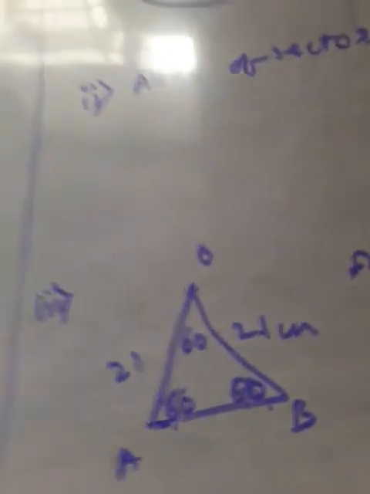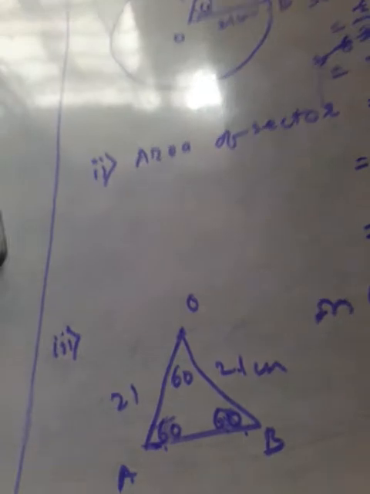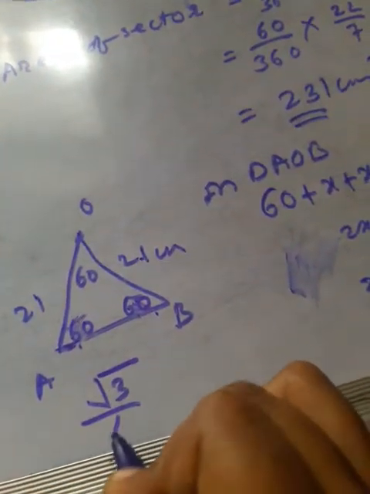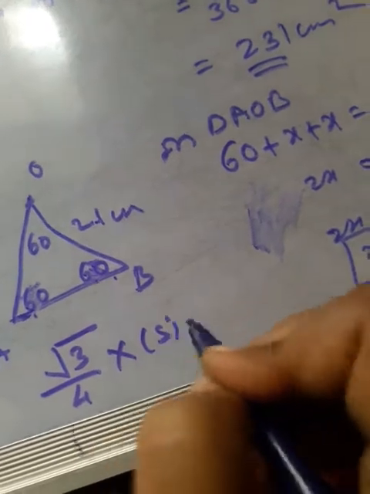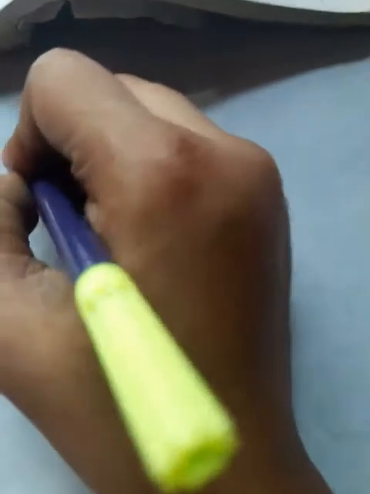And the area of an equilateral triangle is under root 3 by 4 into side square, okay. The side we know is 21. So the area of triangle OAB is under root 3 by 4 into 21 into 21.